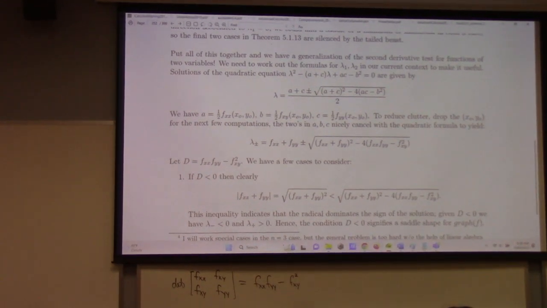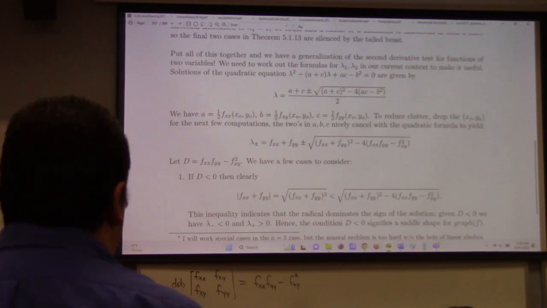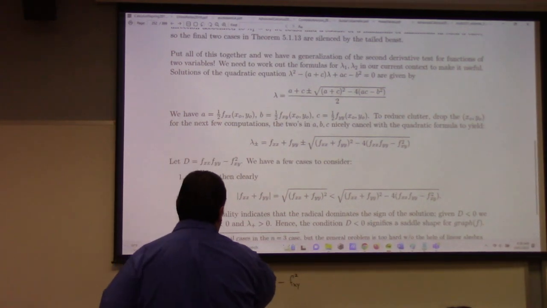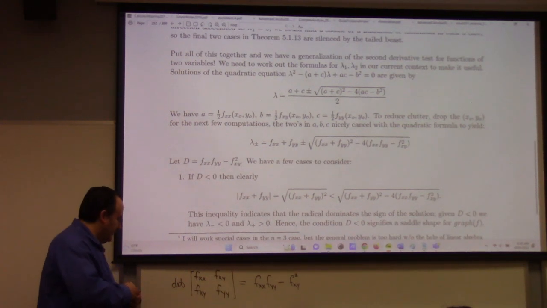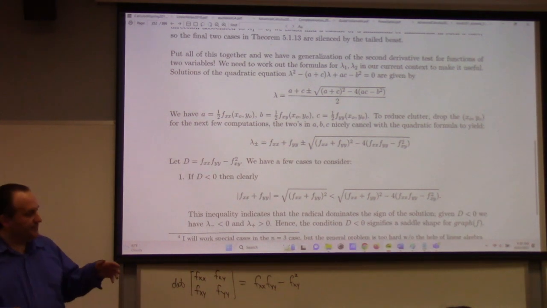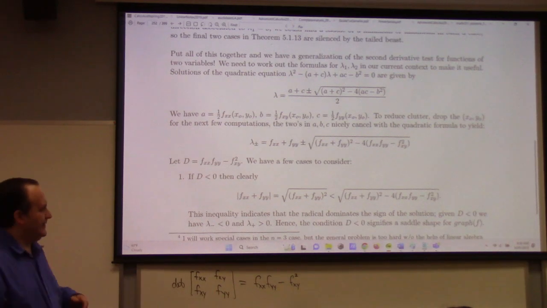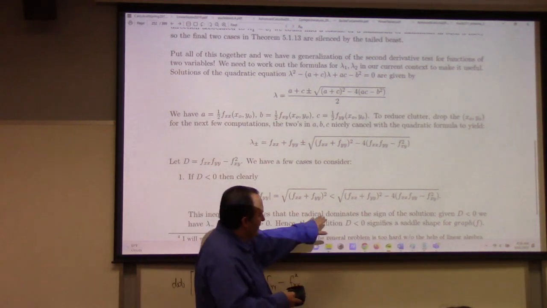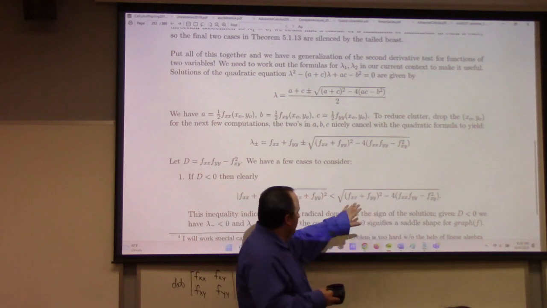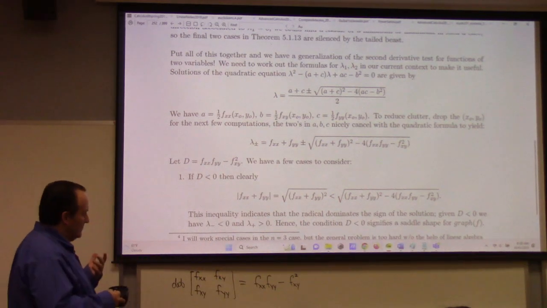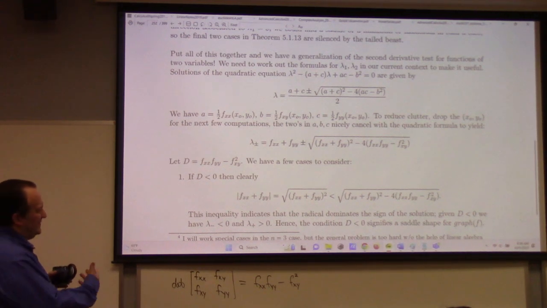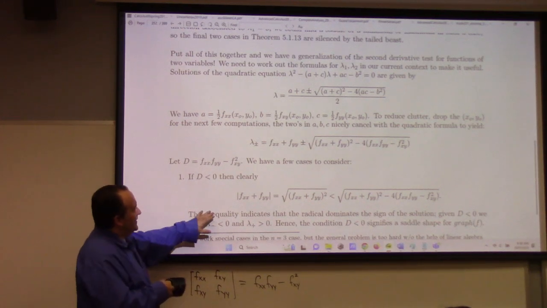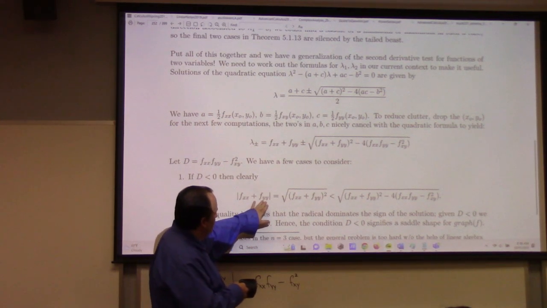And it turns out that if you're at a critical point, the value of this expression right here at the critical point pretty much determines the nature of the critical point. Let's see how that happens. You see it appearing in this formula right here. So if D is less than 0, then this is equal to that.